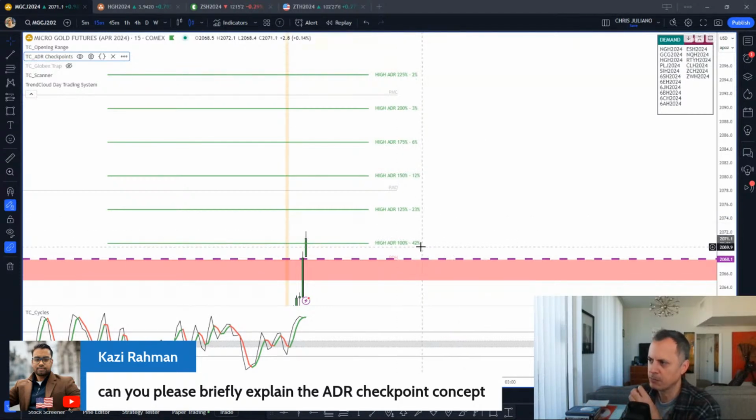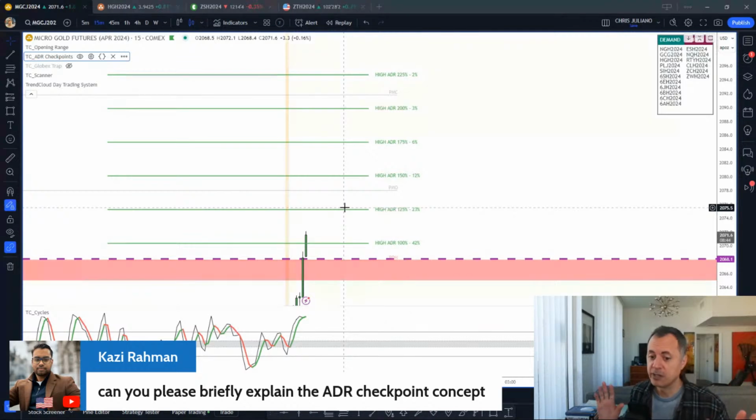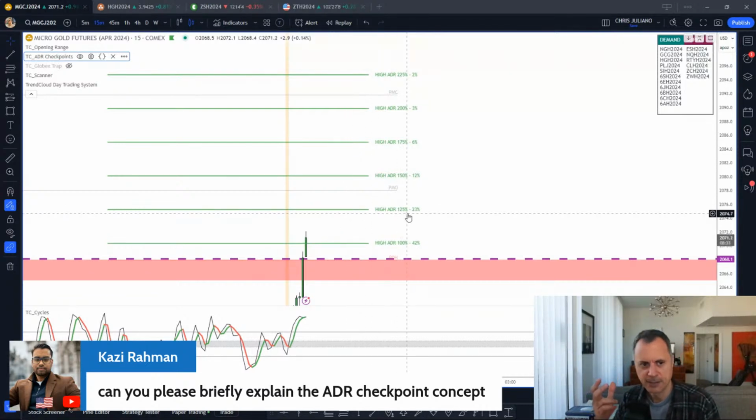By putting this on there, it lets your brain know, we went 100% of the average daily range, and we've got a 42% chance of going to here. So if it does go here, oh man, I better really be tight on my stop, because this thing might reverse from here. You know, so context.